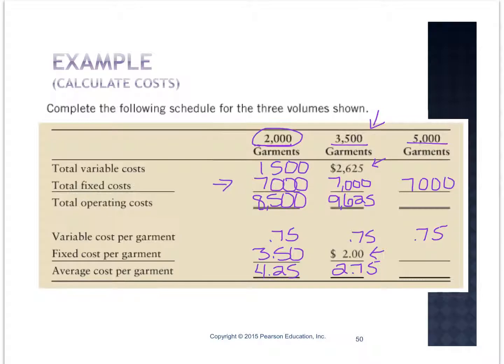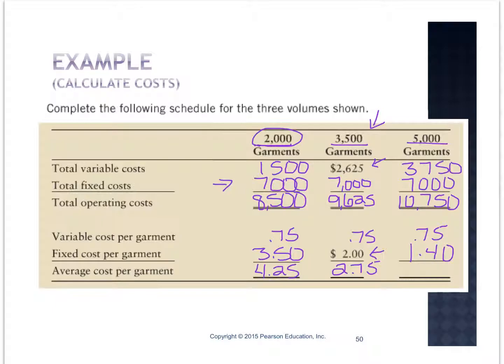And that gives us a total of $3,750. When we add those two together, we get a total cost of $10,750. And we can now calculate our new fixed cost per garment at $7,000 divided by 5,000 garments, which gives us an amount of $1.40.